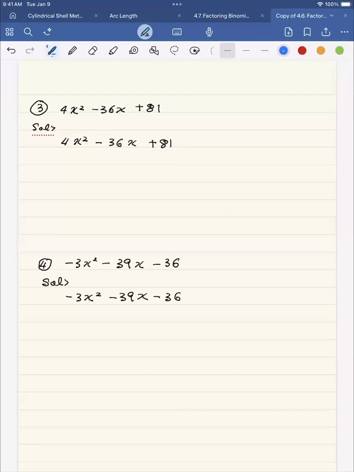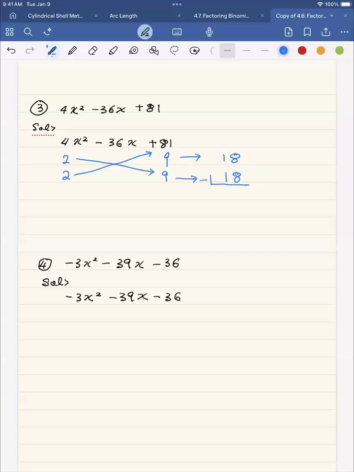So we will think about the combination of numbers whose multiplication becomes 4 and whose multiplication becomes 81, 9 times 9, for example. Of course, you can try others, but I will try 2 times 2 and 9 times 9. Both will make 18, and 2 times 9 will be 18.